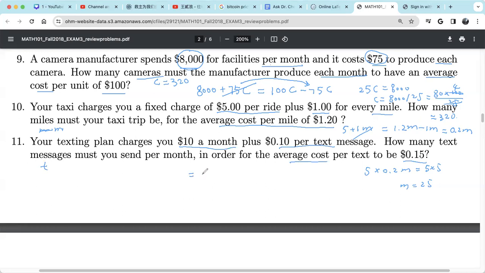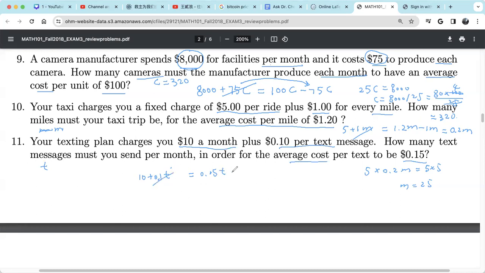So one side equals 0.15 times T many text messages. Other side, we have $10 per month fixed. Then each text costs 10 cents, $0.1. Right, we do the same thing.